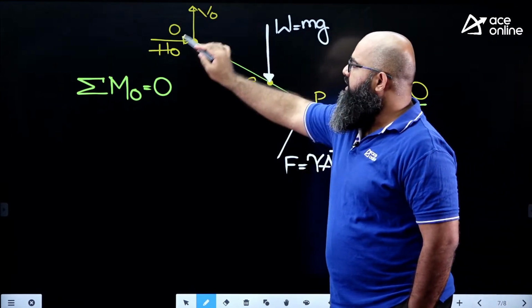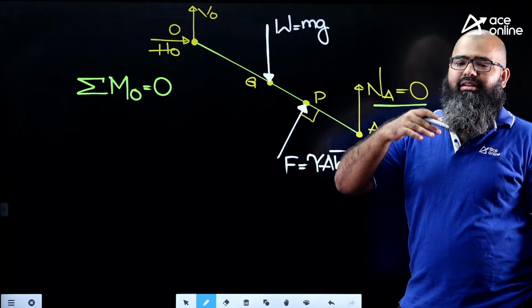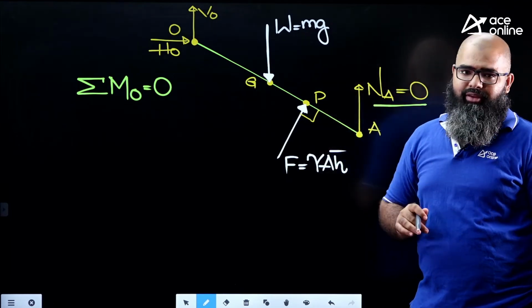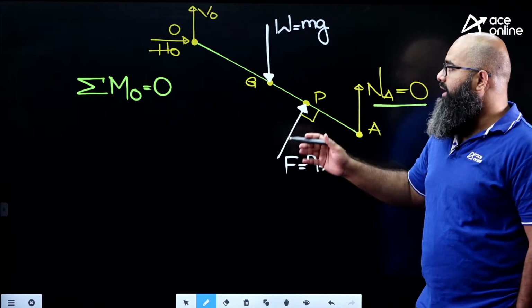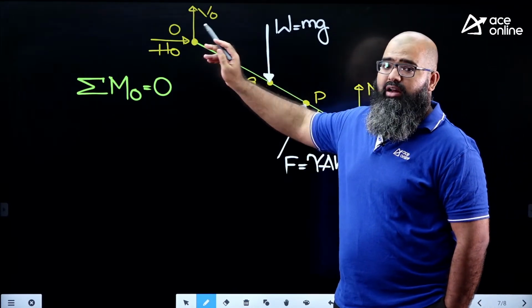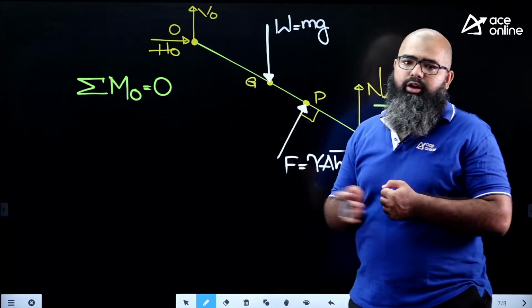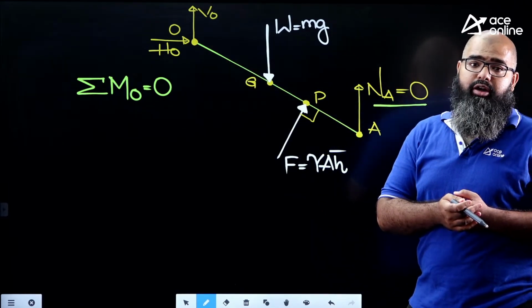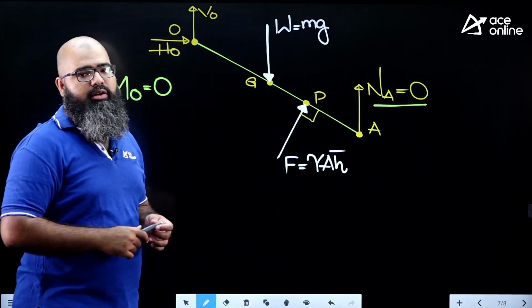I don't want to deal with the vertical and horizontal forces at point O, which are unnecessary for me. How do I avoid dealing with them? I realize both these forces are passing through point O. I eliminate these 2 forces by choosing a moment about this point. They will not create any moment about that point. So I have gone for the equation summation of moment about point O is equal to 0.